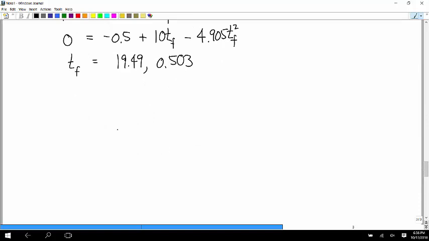But here's what's going on. The bullet is going to follow a parabolic path like that. And in that parabolic path, it's going to get to a height of 1.5 meters two different times.